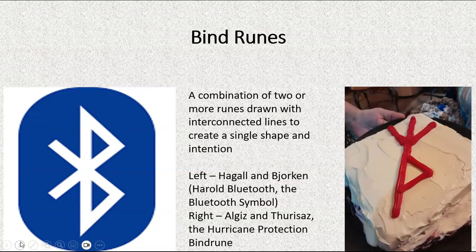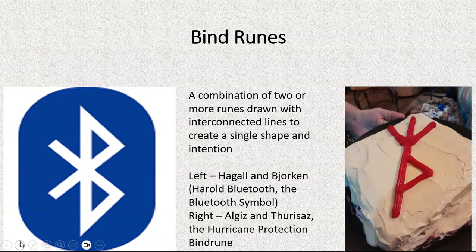Probably the most famous bind rune of the 21st century is the Bluetooth symbol, in honor of Harald Bluetooth, who unified Scandinavia. That's where we get the word Bluetooth from, and that symbol is a bind rune. Now you know.